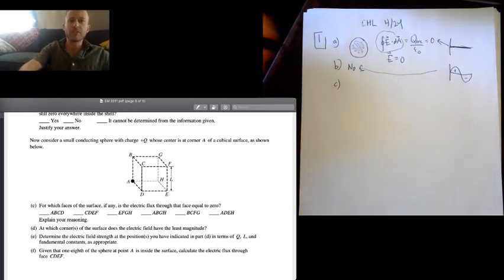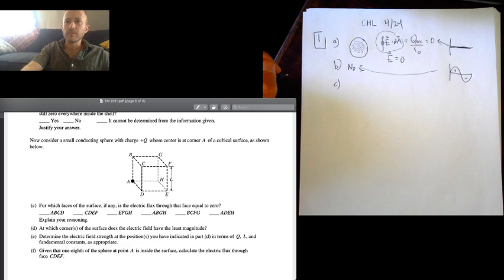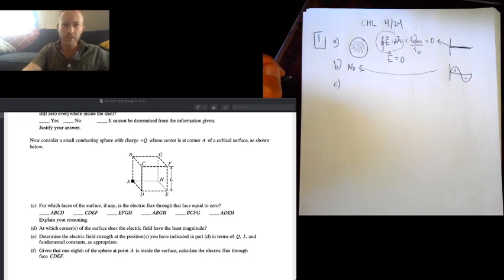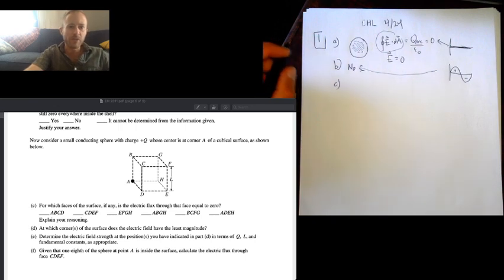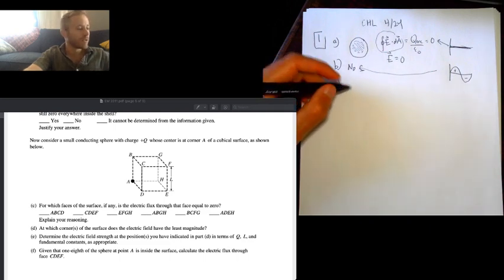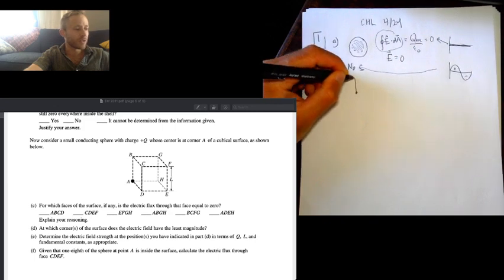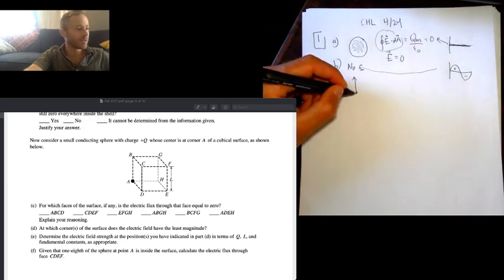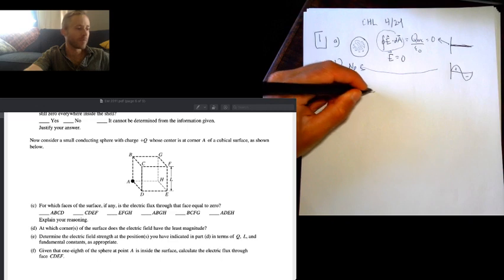So the faces, if we look at this picture here, the electric field is going to go away from the positive charge. Here's your positive charge, and the electric field is going to be going directly away from it.